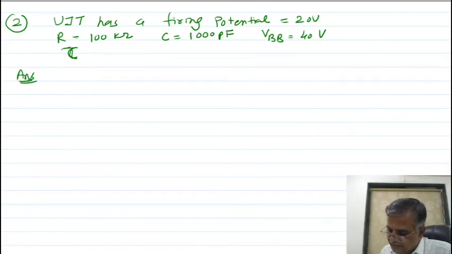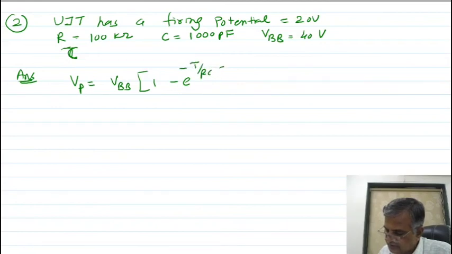We know that the capacitor is exponentially charging by this equation. The peak voltage, that is the firing voltage, is 20, and the supply voltage is 40.